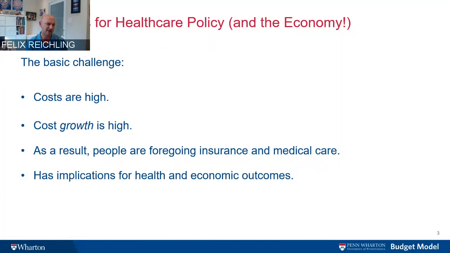And as a result, people don't get health insurance, and some people also don't get medical care that is needed. And all of that has implications for the health of the population and for economic outcomes. And our model will capture all of these effects in one integrated framework.